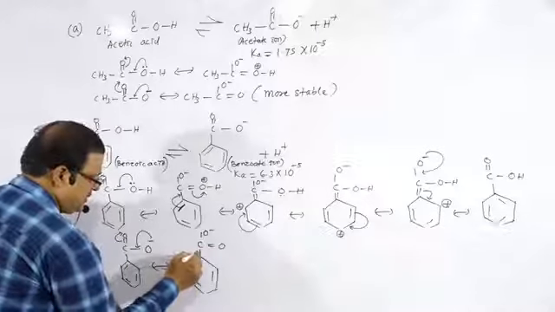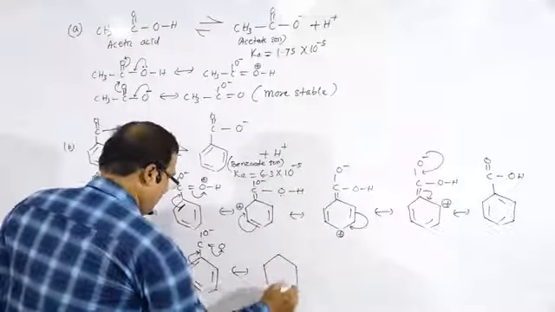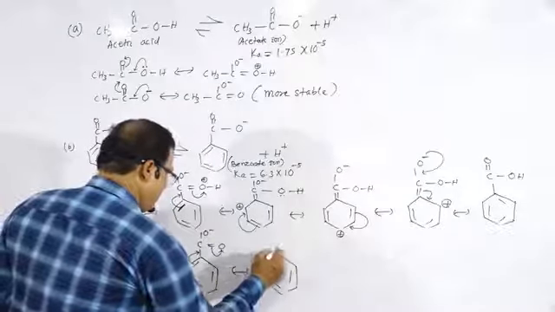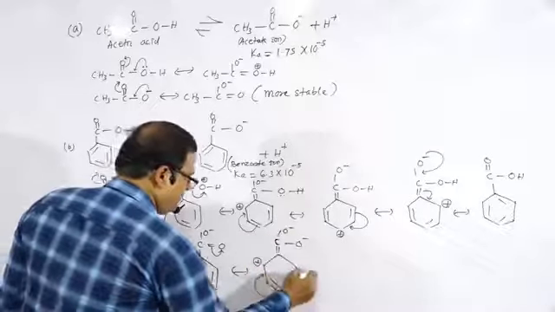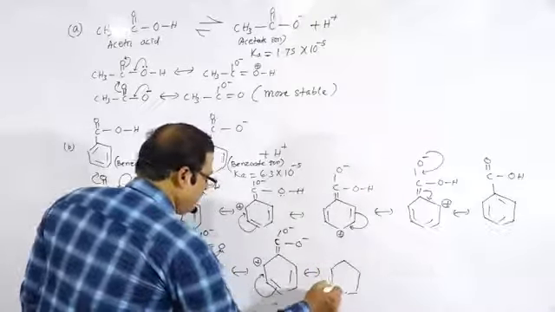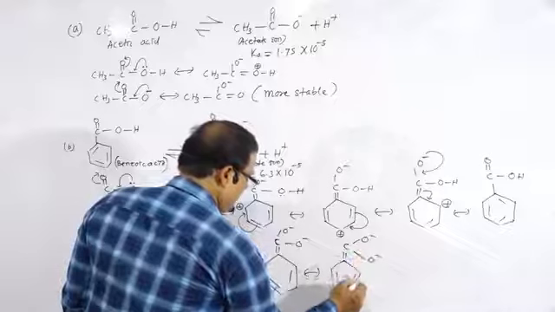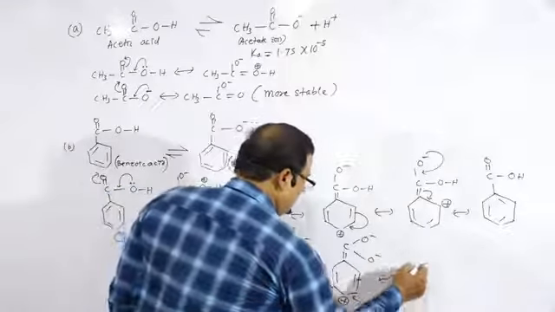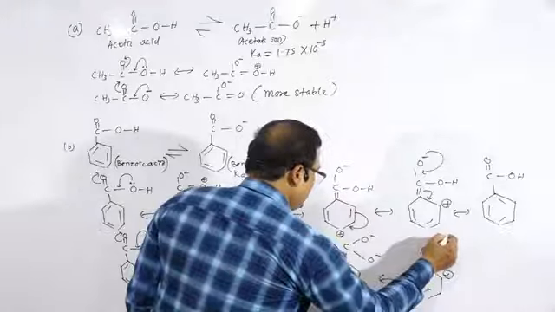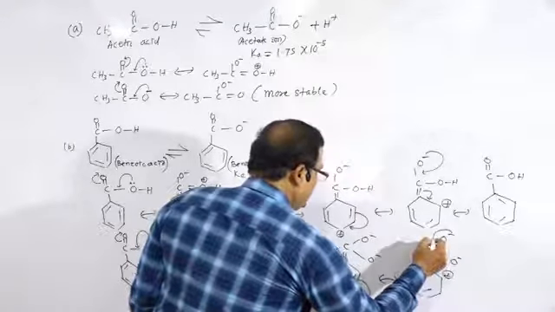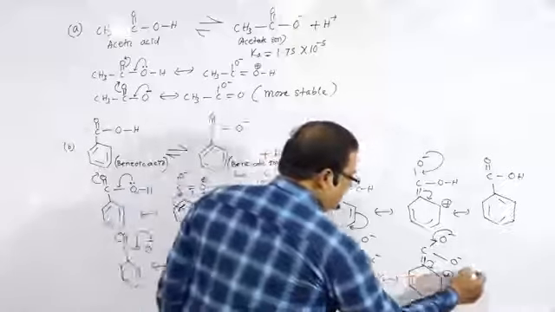Again, this bond pair will be shifted to this side. Again, negative charge will be shifted to this one and the bond will be shifted to the ring again.